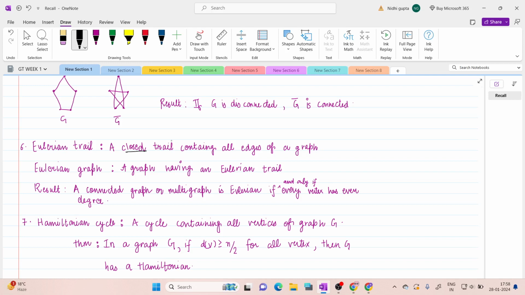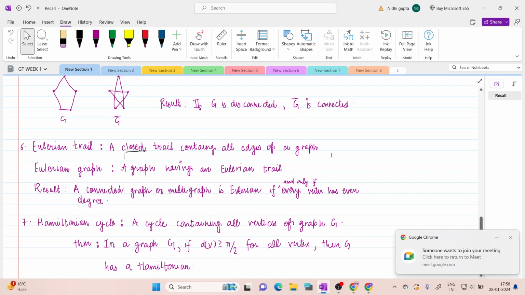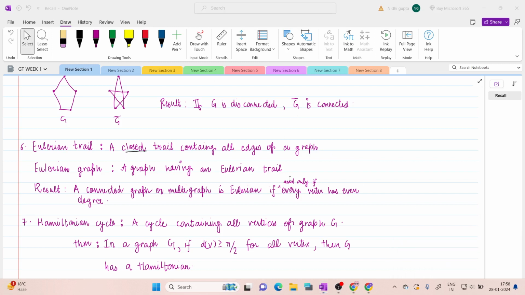Now there was a question of how an Eulerian trail is different from an ordinary trail. An Eulerian trail has the additional condition that the trail should contain all the edges, but a normal trail is just a walk in which no edge is repeated.